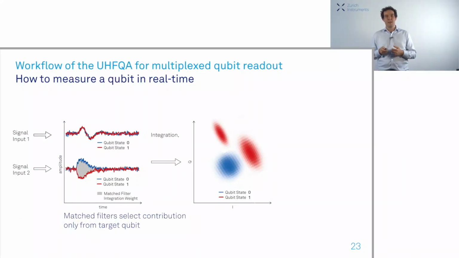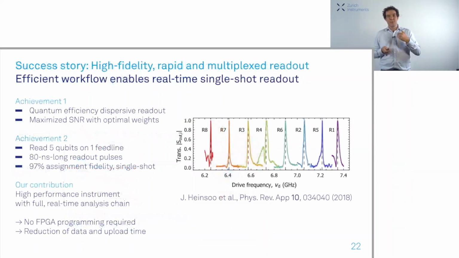Good. So how did we help in both cases? Well, we actually developed with the researchers the UHFQA, which is a high-performance instrument that has only one job: to do this real-time readout of multiplexed qubits using a real-time analysis chain.